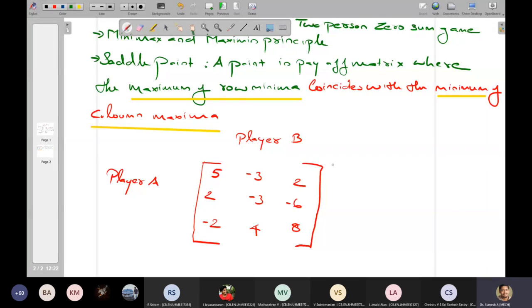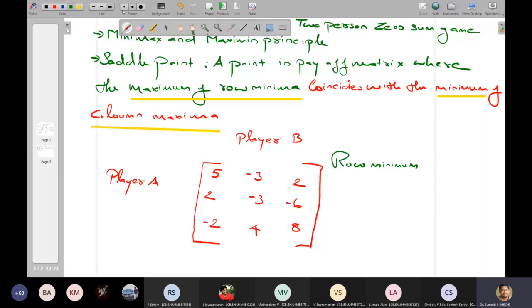The first column maximum is 5. Here the maximum is 4. Here the maximum is 8.